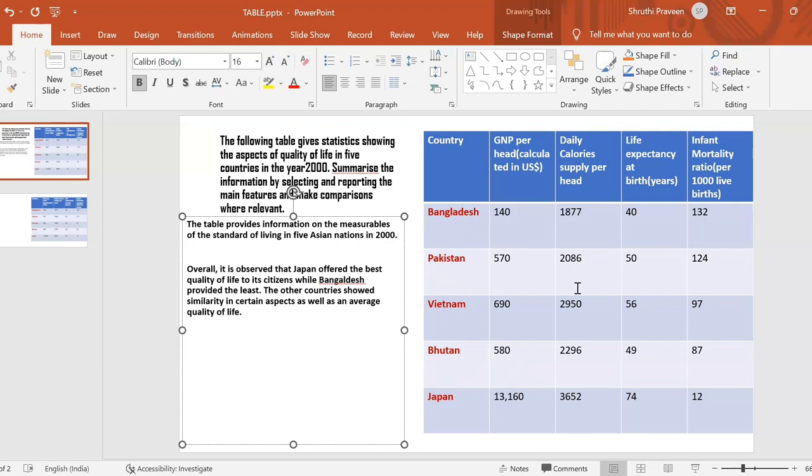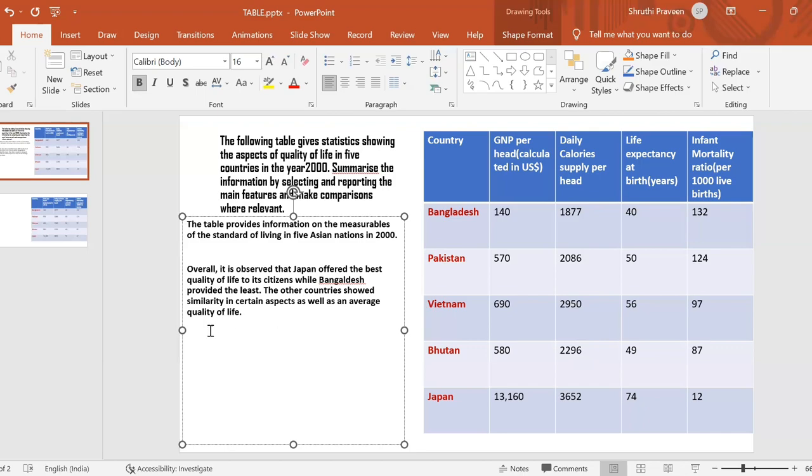And 2086, 2956, 2296 are all under 3000. So that is another way of clubbing the data. You can either put it together as a range, or you can write the average of something, or you can club it all under something or over something. There are multiple ways of presenting the data.